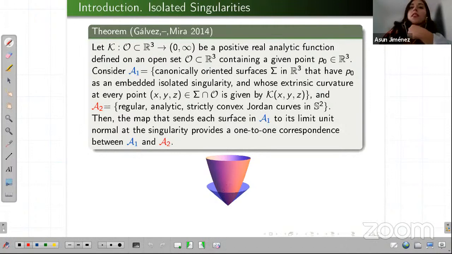So you can recover a unique solution and unique surface for any K you fix. So this is the kind of result we hope to obtain, or a similar one, for our family of surfaces.